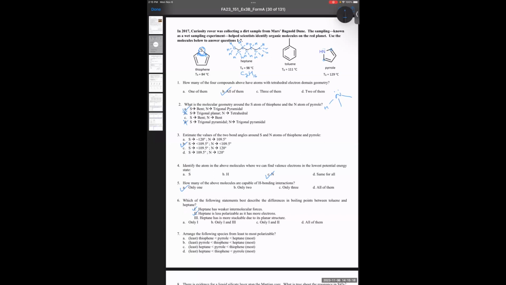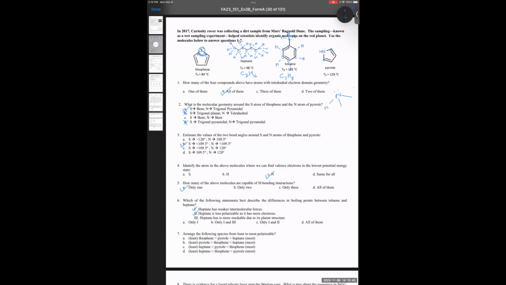In toluene, we have carbons at the bends and at the terminal, and then we have carbon-hydrogen bonds in these 5 carbons. So we have 7 carbons again, but we have fewer hydrogens now, right? 1, 2, 3, 4, 5, 6, 7, 8.